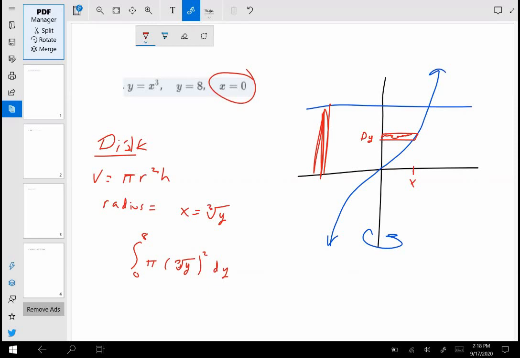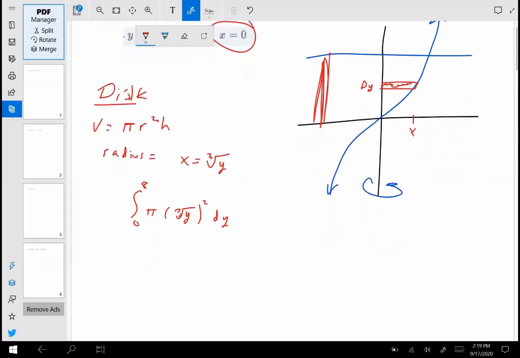Well, that actually wouldn't be too bad of an integral to do. So let's go ahead and do that, and then we'll set up the cylindrical shells just to have a good comparison. I'm going to write that as y to the 2/3.